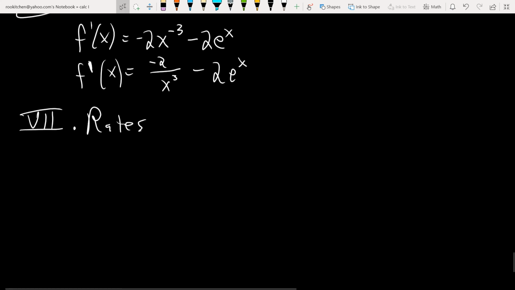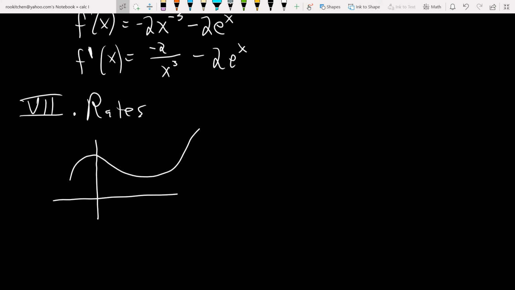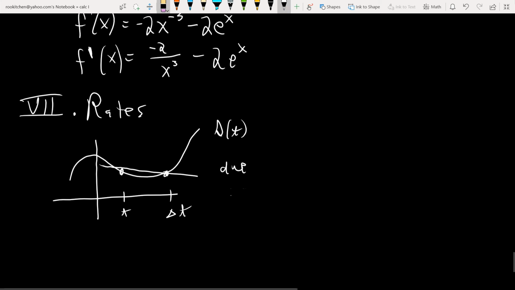So when I introduced the derivative, I talked about average velocity versus instantaneous velocity, right? So maybe I have some point t and then some point t plus change in t, and this is a position function, s of t. I could figure out the average rate of change going from t to t plus change in t by using the formula. I'm calling this average rate of change, or I should call it average velocity.